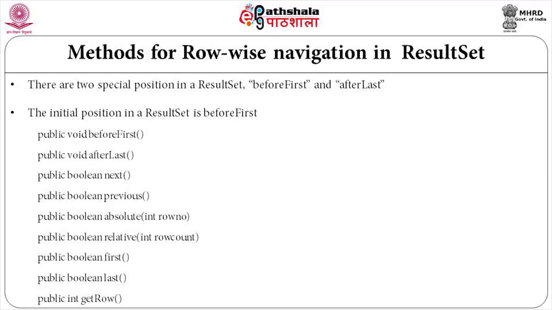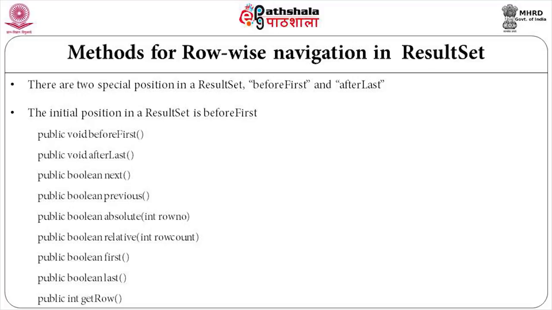I think the method is getRow. When you say getRow, it gives us the current row number as an integer value. So move to the last row and get the row number, that's it. That way you can find the total count of how many rows are there. So that covers navigation, row-wise, and getting to know the current row number.